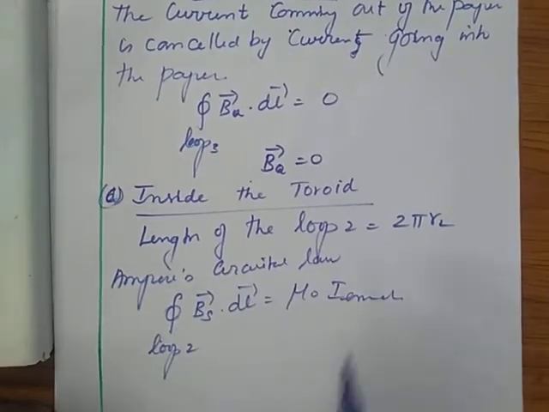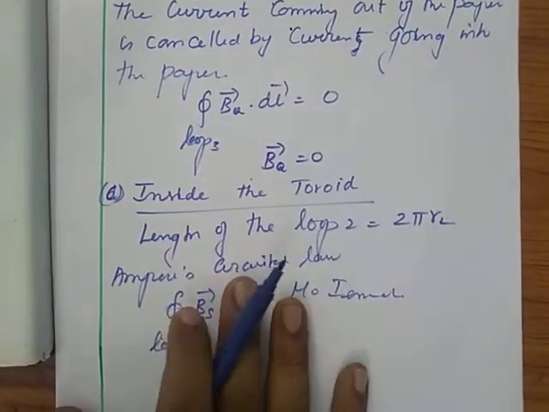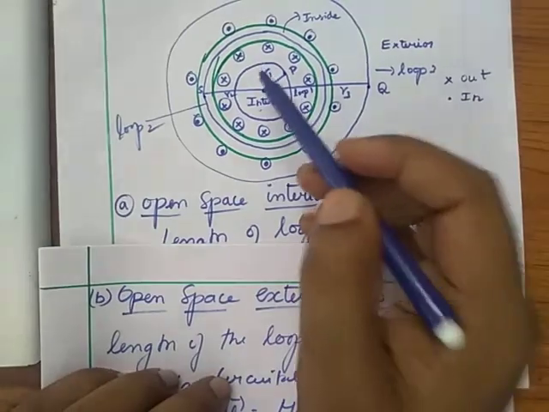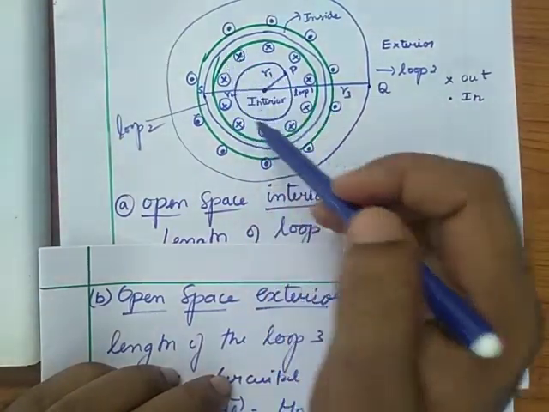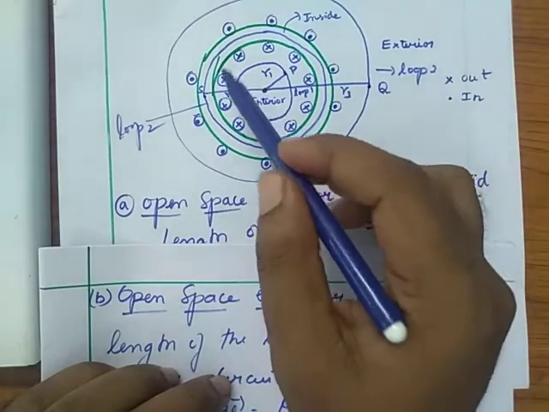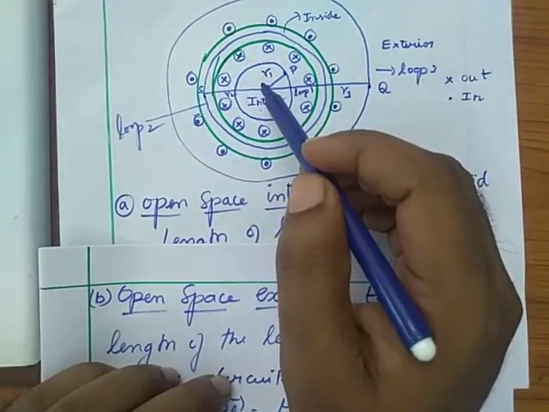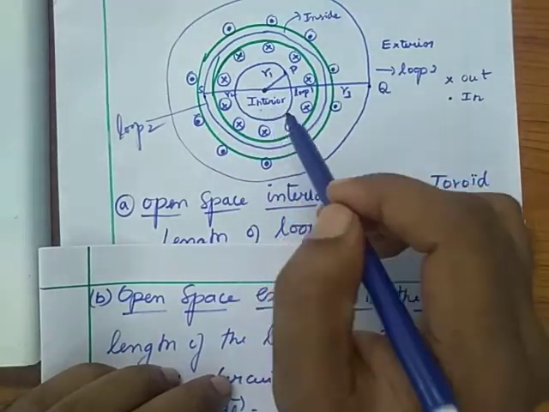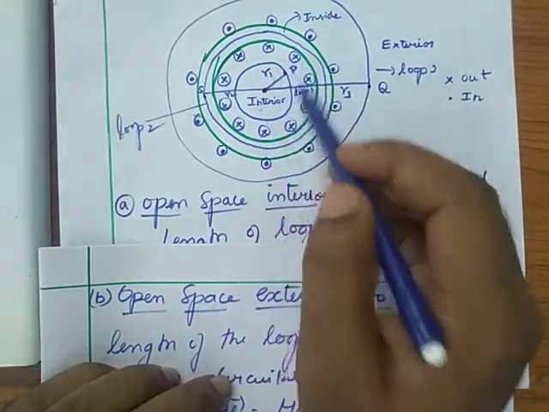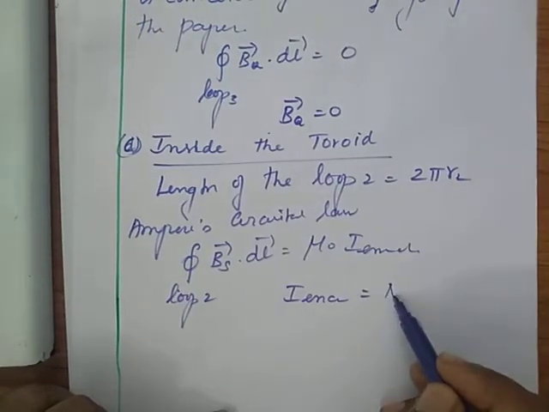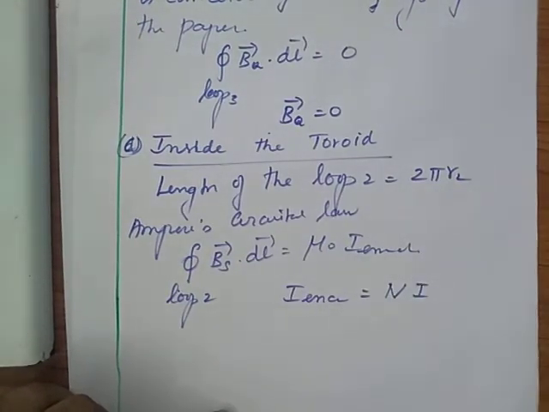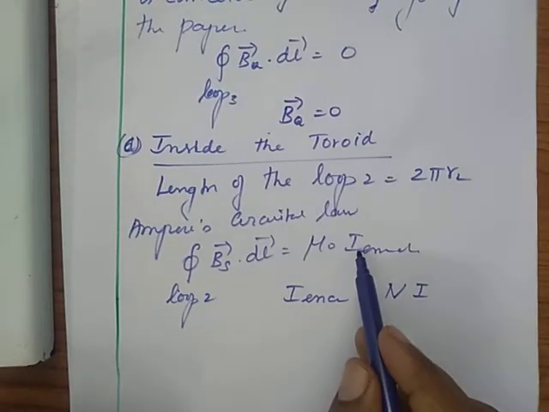Here I enclosed is the current enclosed in the loop. Inside the loop there is a current. In that solenoid the current flowing through the loop is I. It having N number of turns, so we can write I enclosed is equal to number of turns into current in each loop. Then we get this value of I enclosed.